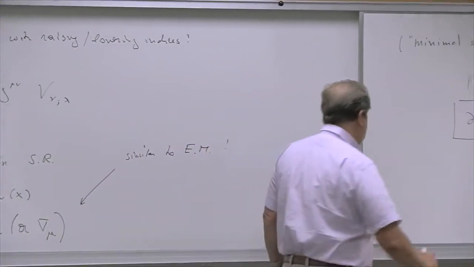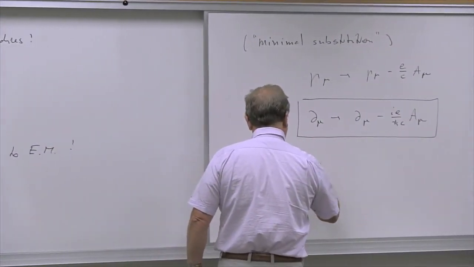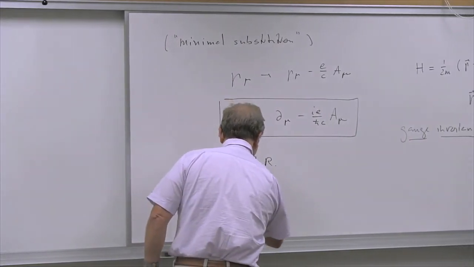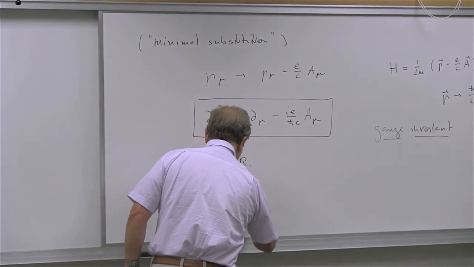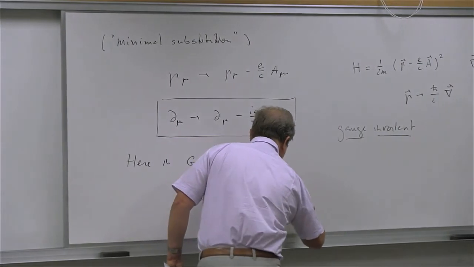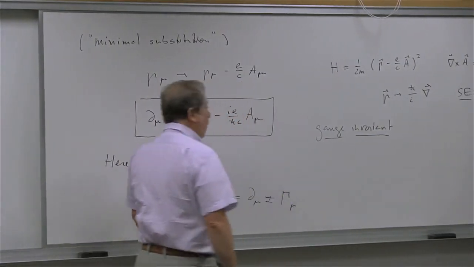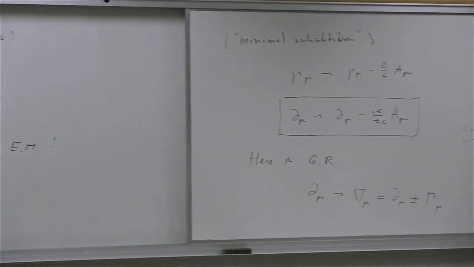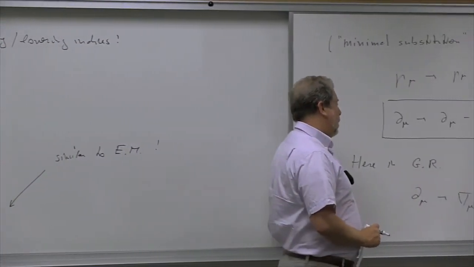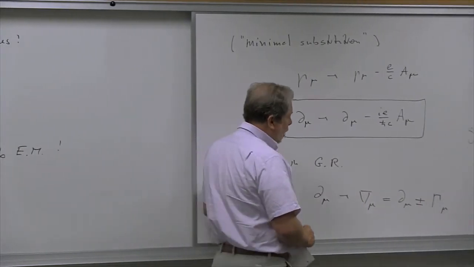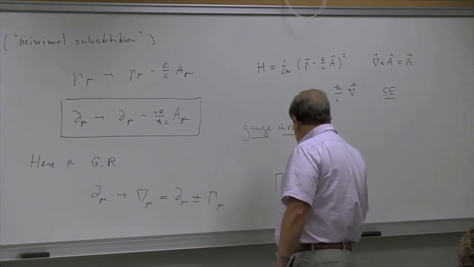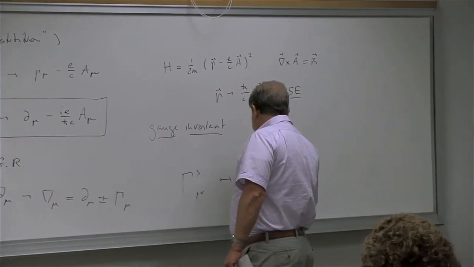And so here in GR, we have something very similar because we replace the ordinary derivative by this covariant derivative, which is the ordinary derivative plus or minus the gamma term, which has indices to it. The sign depends on whether you're talking about a covariant or contravariant vector or something maybe even more complicated. So there is an analogy, therefore, between the gamma lambda mu nu and the A mu field.